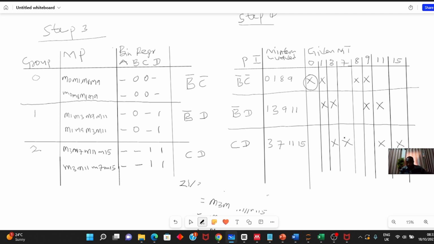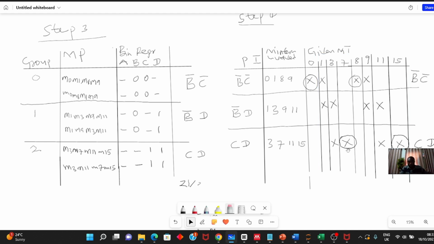Then at position 7, X is standing alone. Then we have that at 8, and at 15. So identify the prime implicants that are standing alone. If you do that, we have B bar, C bar, and then C, D.